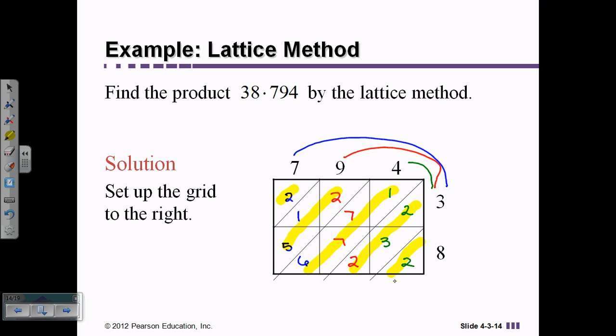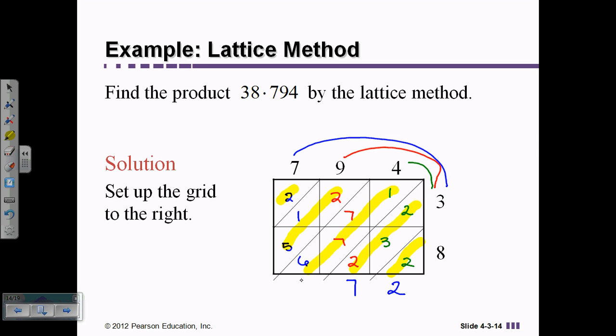So when I add 2, there's nothing to add to it, so I get 2. 2 plus 2 plus 3 is 7. So we put the 7 below it on the diagonal. 1 plus 7 plus 7 plus 6 is 21.